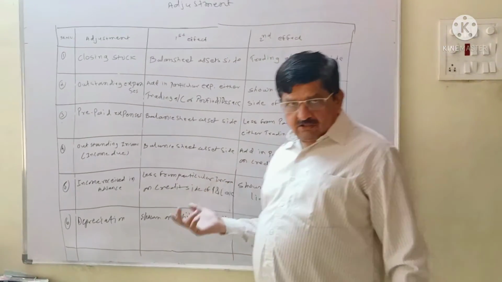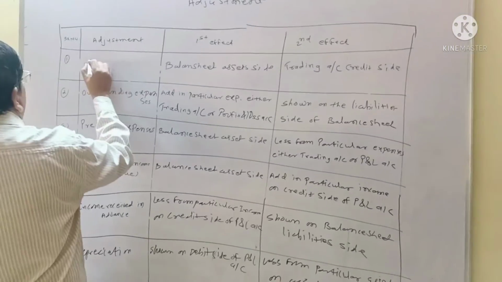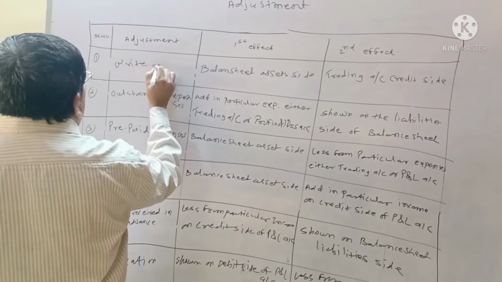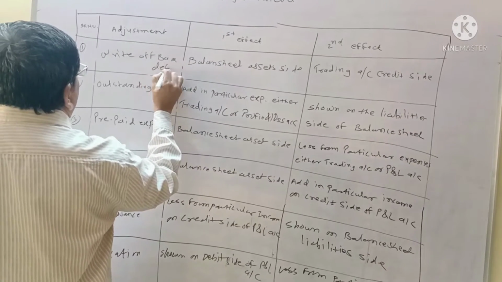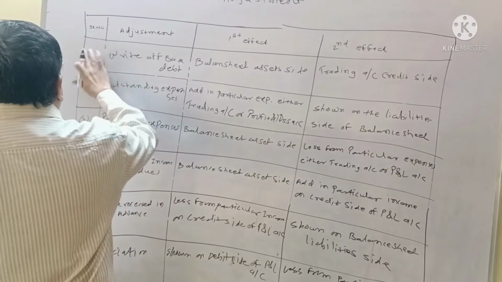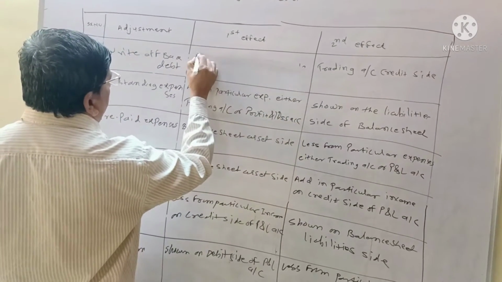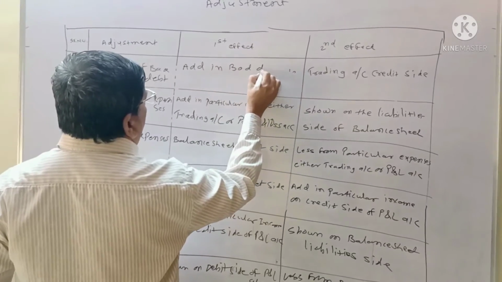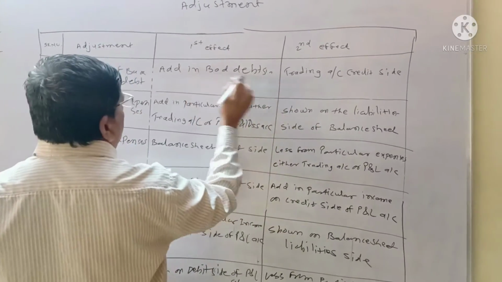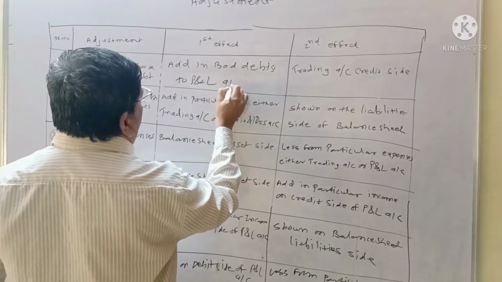The next, 7th adjustment: write off bad debts. In the adjustments, if write off bad debts is given, then its first effect is to add it to bad debts in the profit and loss account.